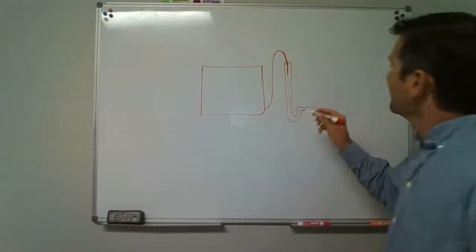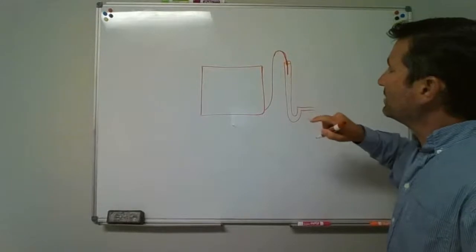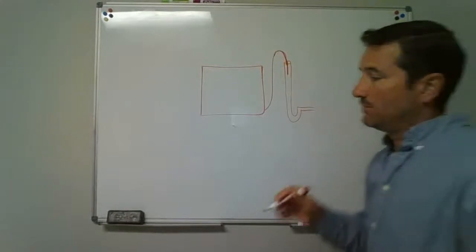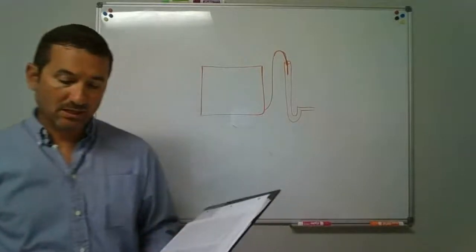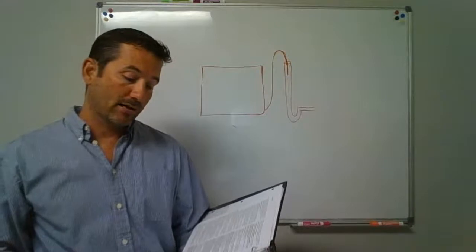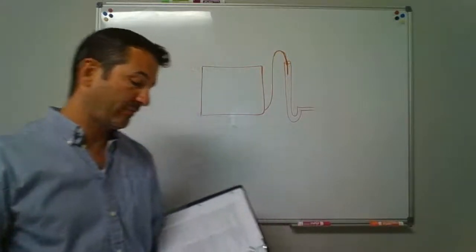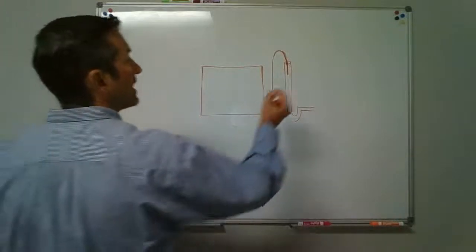So this would be an indirect waste connection. If you read that again, it says it discharges into the drainage system through an air break or air gap, okay, into a trap, a fixture, receptor, or interceptor. This one is particularly called an air break.